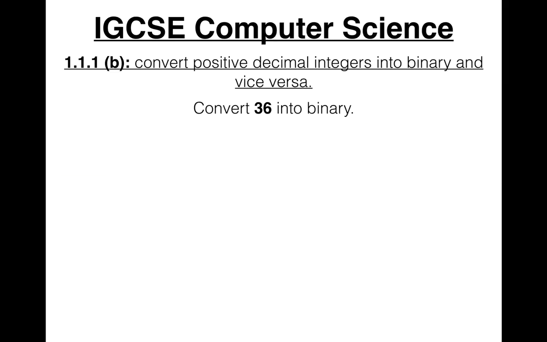Let's try the second method, using the same number to prove that it works. This is the division by 2 method, where we get the remainder. Now we know that with the number 2, the remainder can only be 0 and 1.